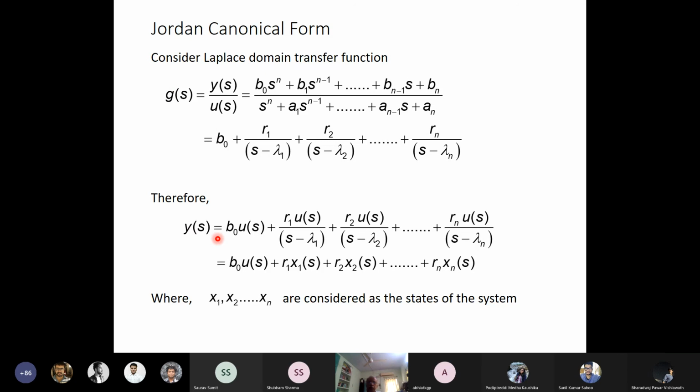So we write Y(s) is equal to b0 U(s) plus r1 U(s) by s minus lambda 1, which I write as b0 U(s) plus r1 X1(s), plus r2 X2(s), and that will continue till rn Xn(s). So U(s) by s minus lambda 1 is X1(s), U by s minus lambda 2 is X2(s), similarly U by s minus lambda n is Xn(s), where x1, x2, xn are considered as the states of the system.